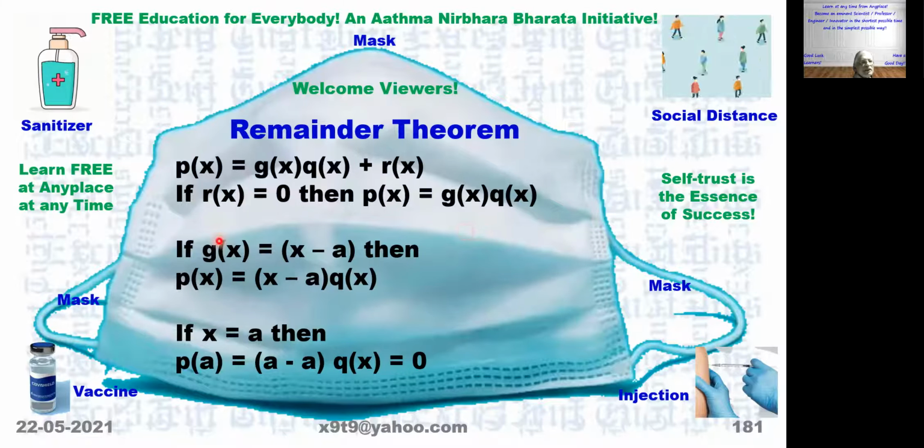If G(x) is equal to x minus a, then P(x) can be written as (x minus a) into Q(x) because the remainder is 0. If x is equal to a, then P(a) is equal to (a minus a) into Q(a), which is 0. So this proves the remainder theorem.